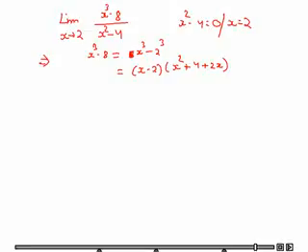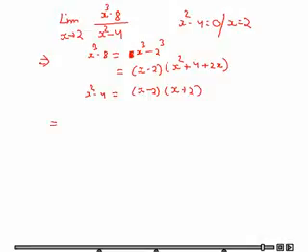A cube minus b cube is a minus b into a square plus b square plus ab. Likewise, x square minus 4 is equal to x minus 2 into x plus 2.